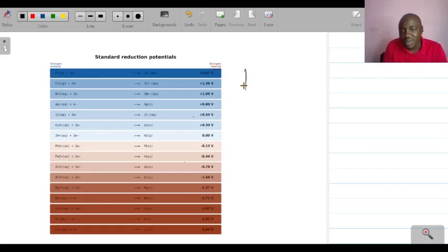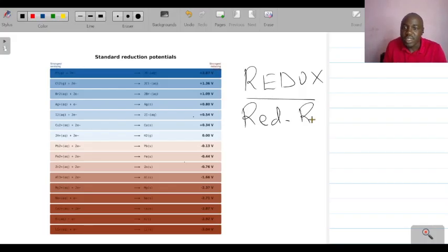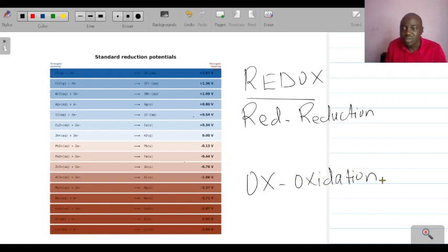So redox is more of an acronym which represents two things. On one end, we have what we call reduction, and we have ox to represent oxidation. So we can define these two terms in terms of transfer of electrons. Define reduction as the gain of an electron.